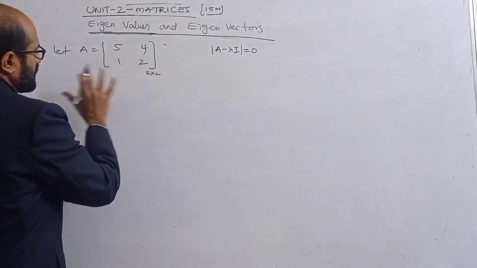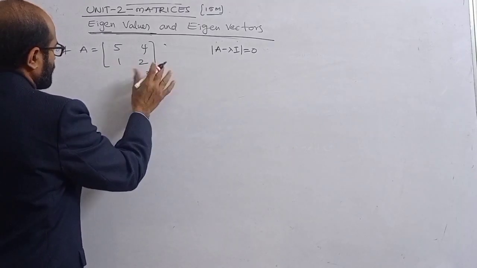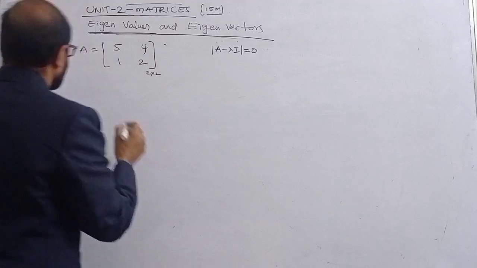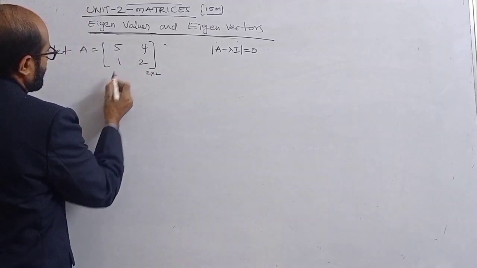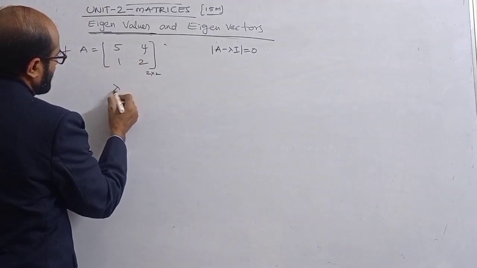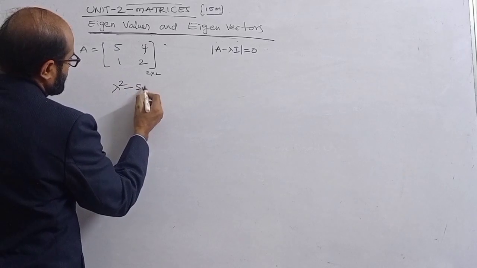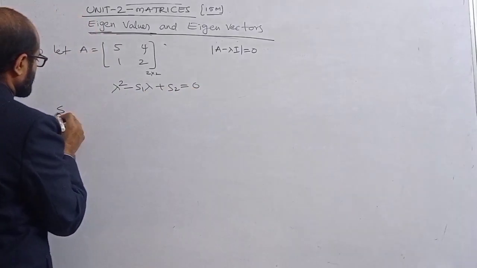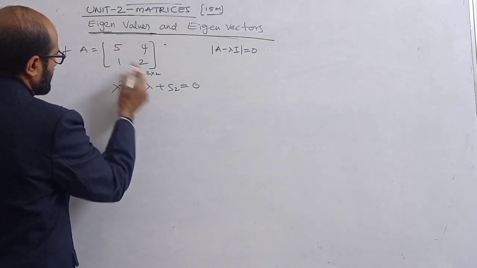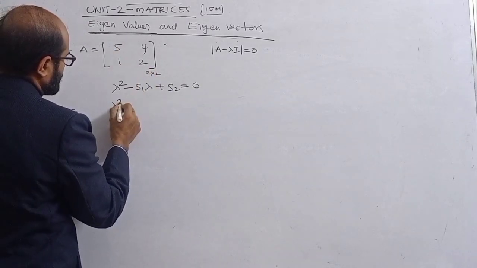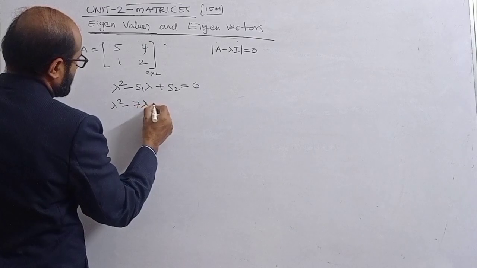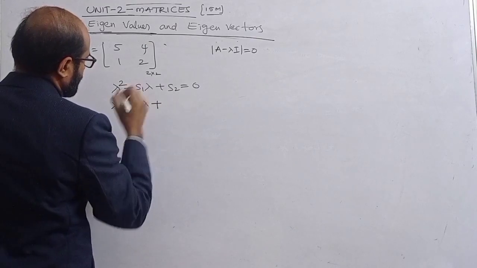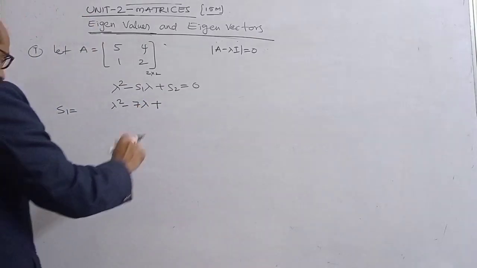Since it is a 2 by 2 matrix, we can find the eigenvalues by using the formula lambda square minus s1 lambda plus s2 equal to 0, where s1 is the sum of the principal diagonal elements. What is it? 7. Lambda square minus 7 lambda plus s2.